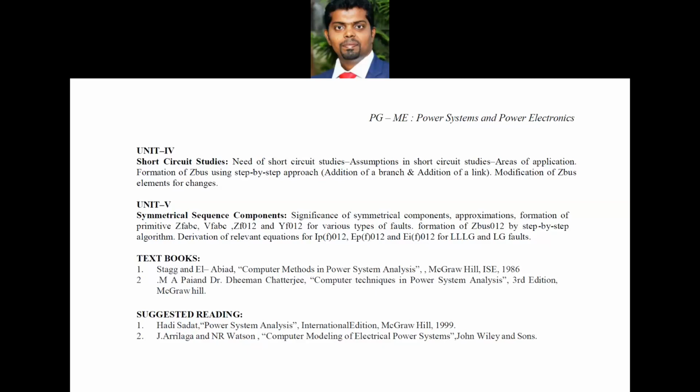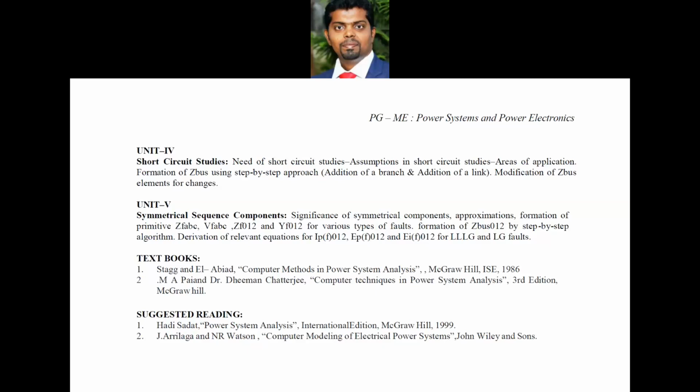A little bit you can take Advanced Power System Analysis by Nagrath and Kothari also. There, in some simplified format, they are given. If you take that Nagrath and Kothari, it is a combination of these two books, Stagg and Hadi Saadat. What they did is they copied from the Stagg and Hadi Saadat books.